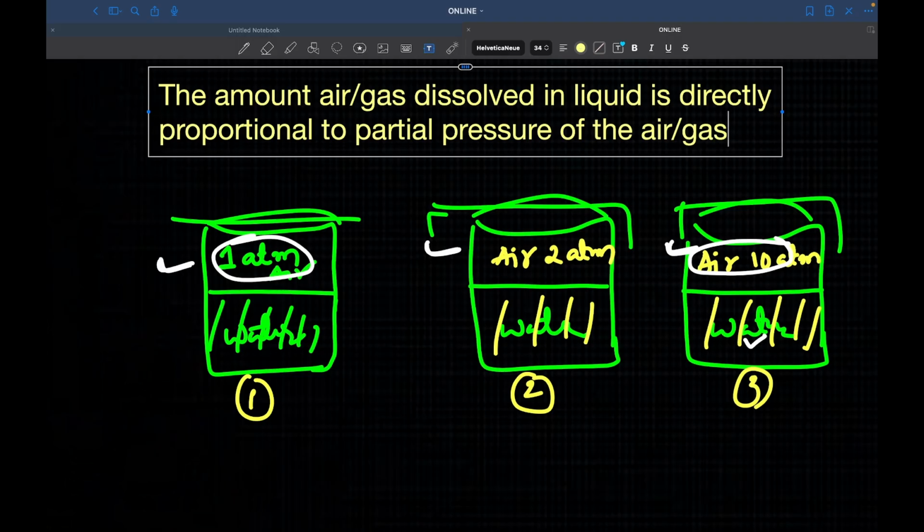So this is the Henry's law. Of course, this has to be applied at constant temperature.